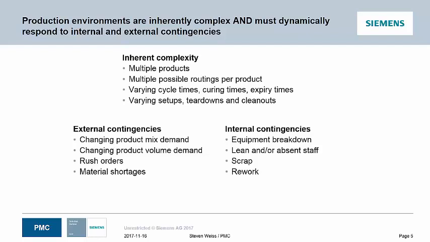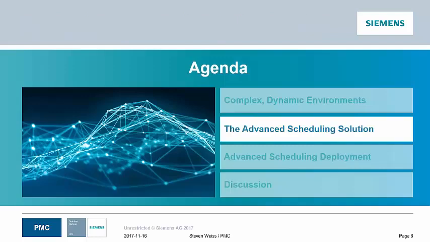All of these things can happen unexpectedly in the environment, even though statistically we know that they're inevitable, even though statistically we can even tell you approximately how many times per year these may occur, we don't know specifically when these internal contingencies will arise, and therefore we need some way to respond. So you put all these together, and that's why there is a need for automated advanced production scheduling systems.